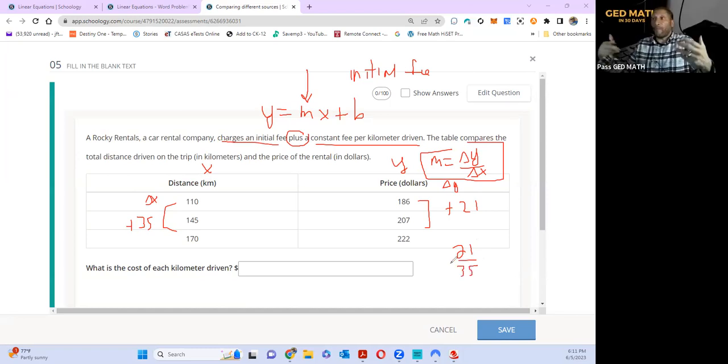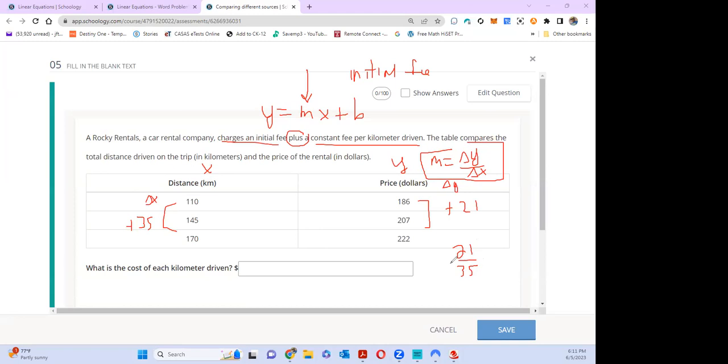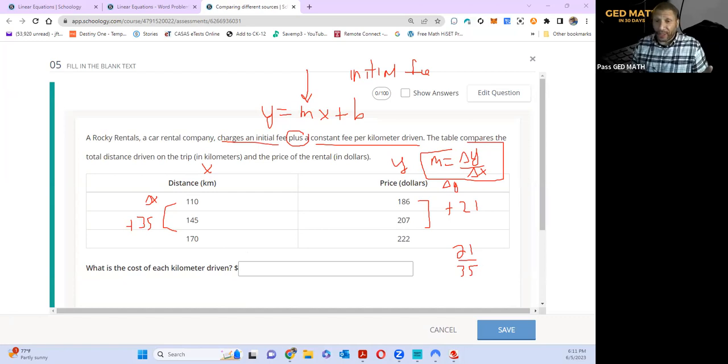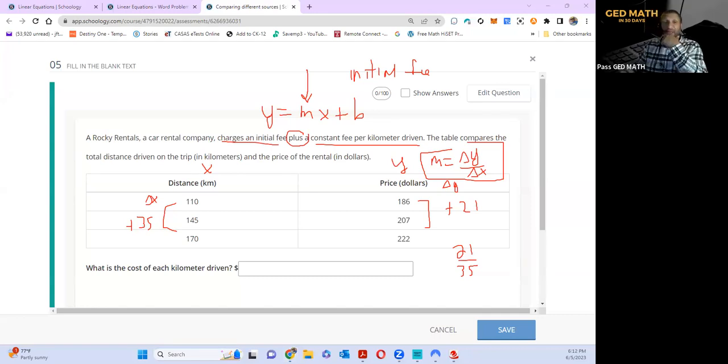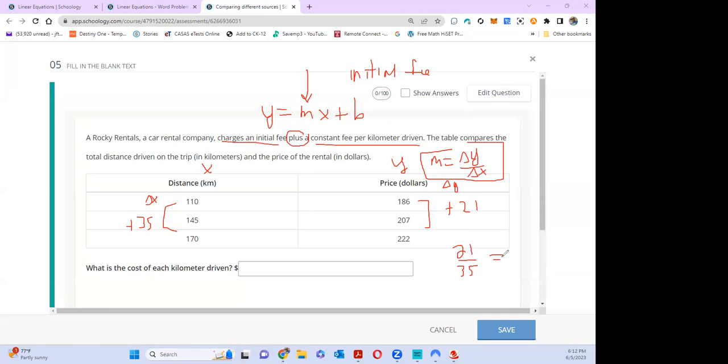Well, they're talking about money, which means it needs to be converted to a decimal. So grab your calculator. Mine isn't open, can somebody do 21 divided by 35 for me? It's 0.6.